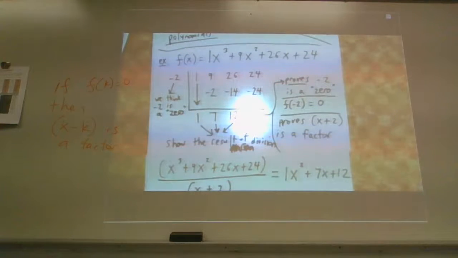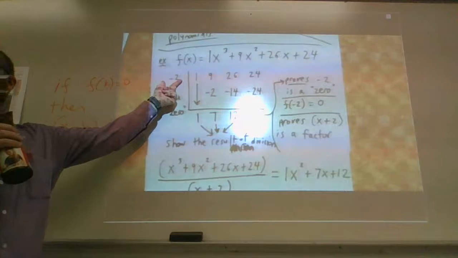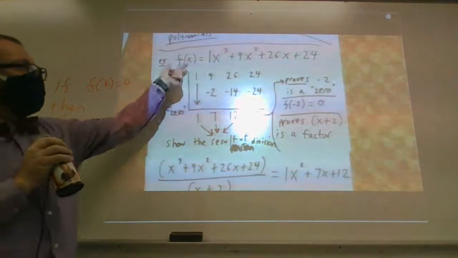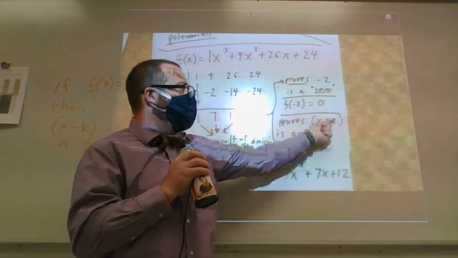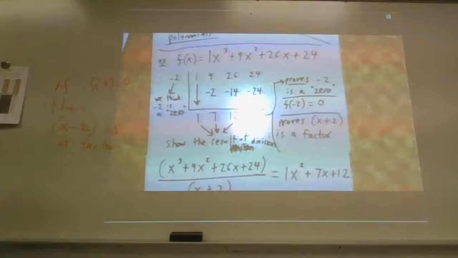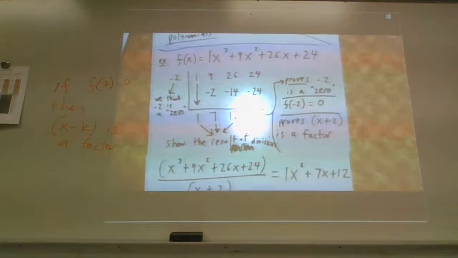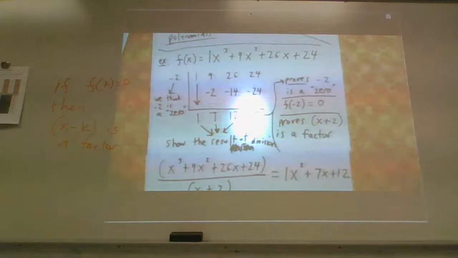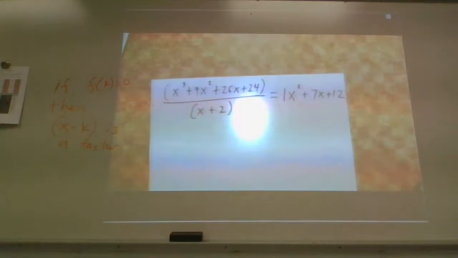The factor that we have found, well, negative 2 is not the factor. X plus 2 was the factor. Negative 2 was the 0. Big difference. But we got to keep going. So far, we found one factor, and we divided it right there.